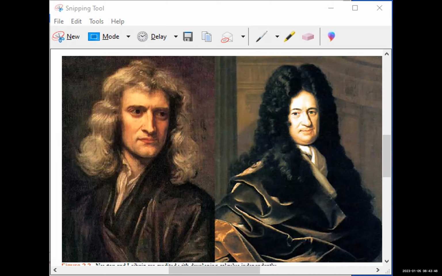Okay, and just one little thought about Isaac Newton. Isaac Newton was a young student at the university in England back in 1666 when a big epidemic began and all the schools shut down. So he had to go home to his rural house where he grew up outside of London.